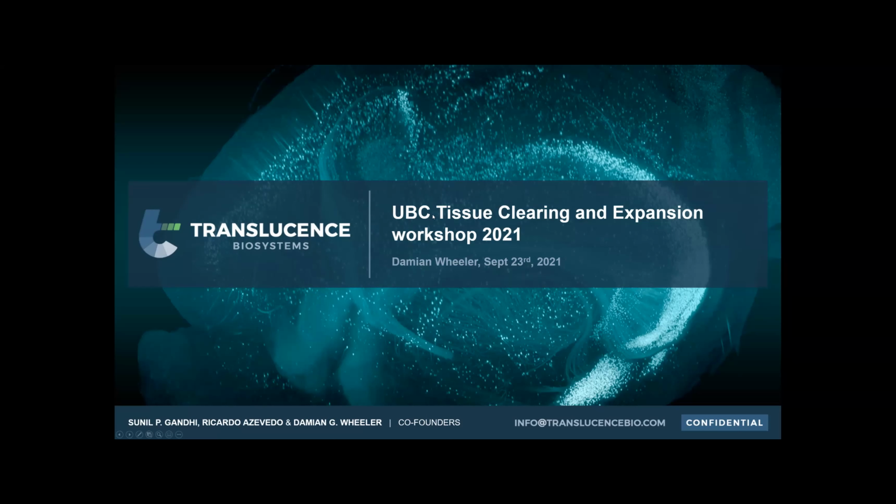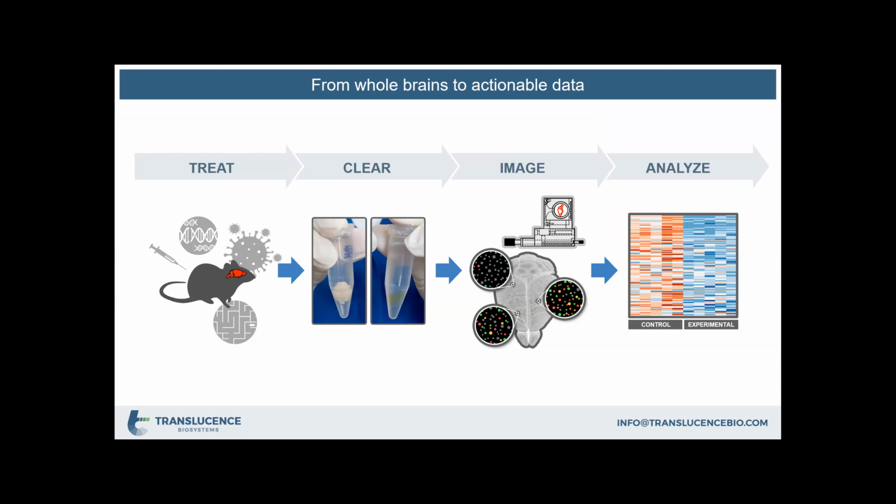Looks good. Perfect. Okay, so I'm going to tell you about one aspect of what we're doing at Translucence Biosystems that relates exactly to what was just presented in Oliver's nice presentation. So at Translucence, we're creating tools and technologies to enable researchers, both in academia and in industry, to do next generation histology, 3D imaging of samples.